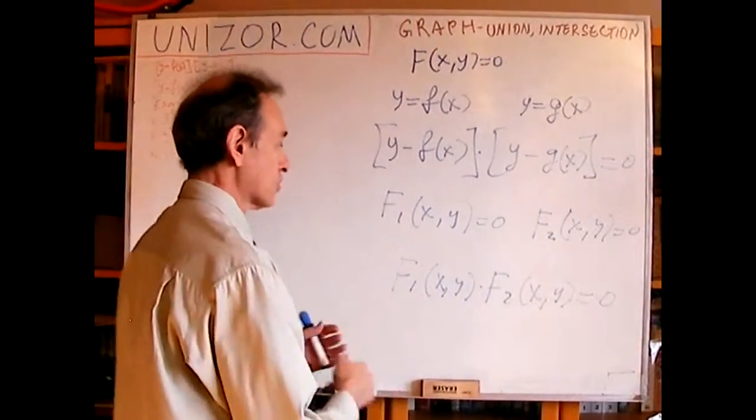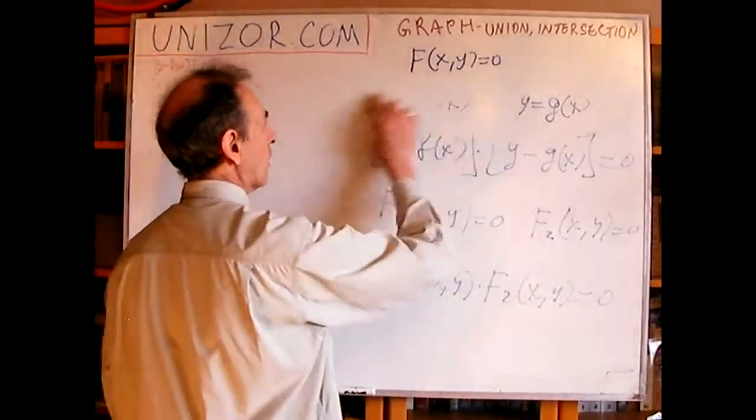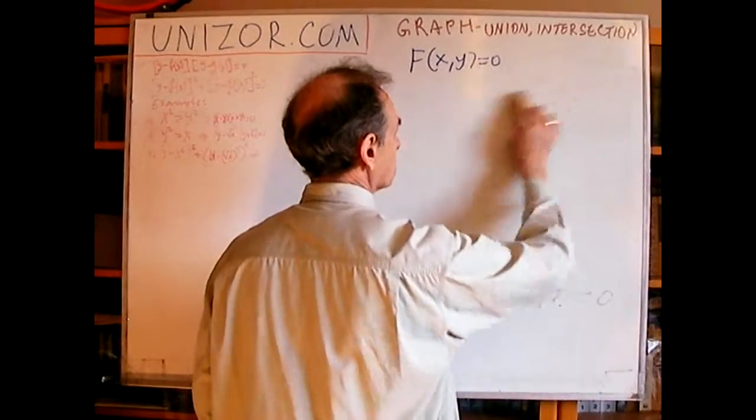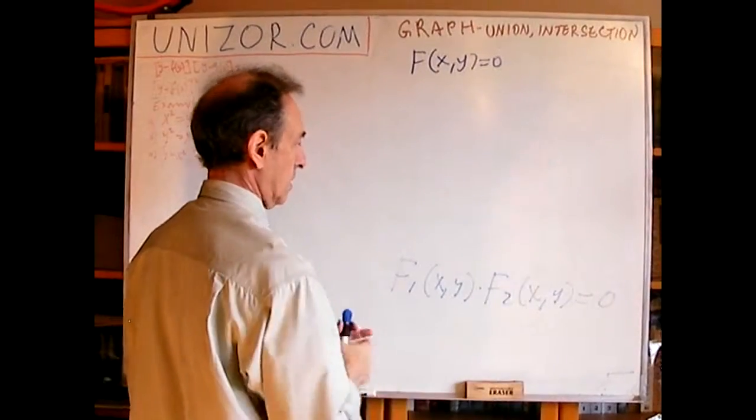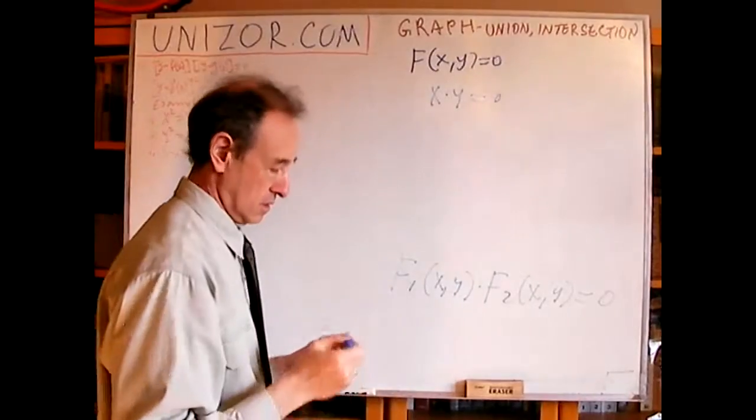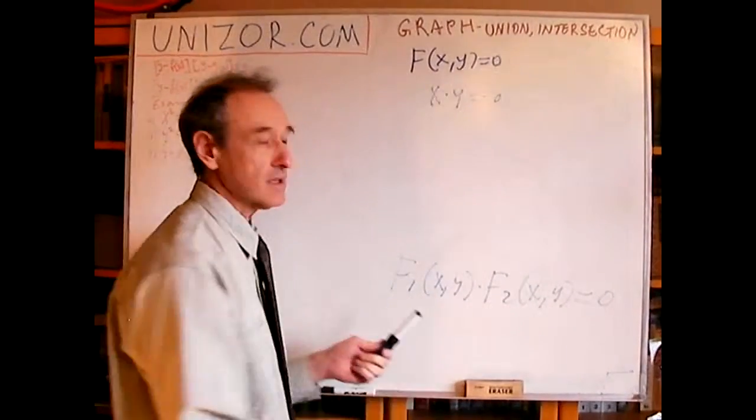Now, from this position, let's go back to our original example. x times y equals 0. This is exactly this case, right?